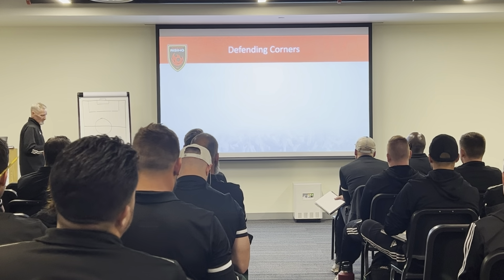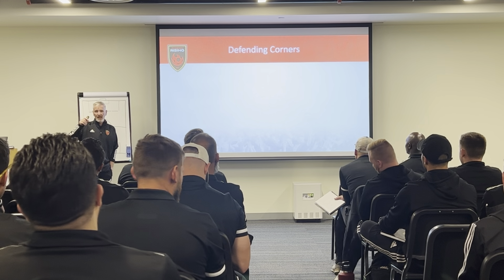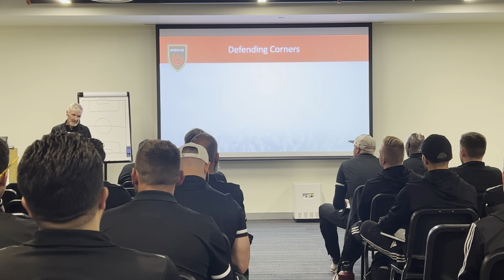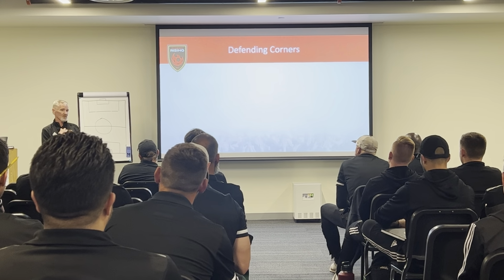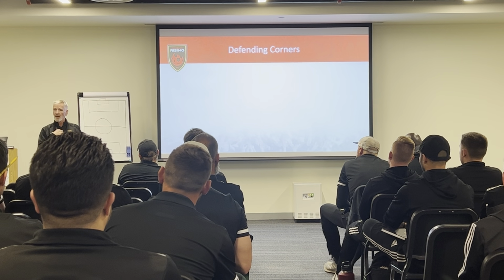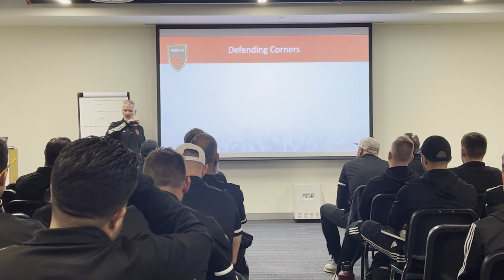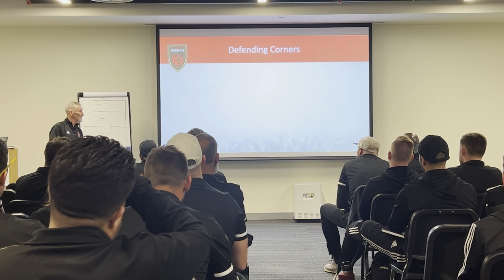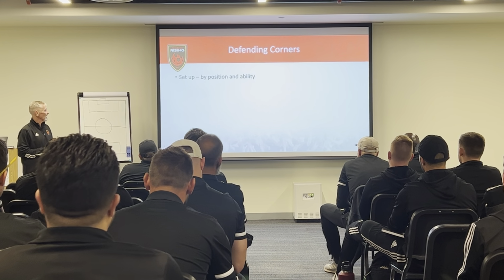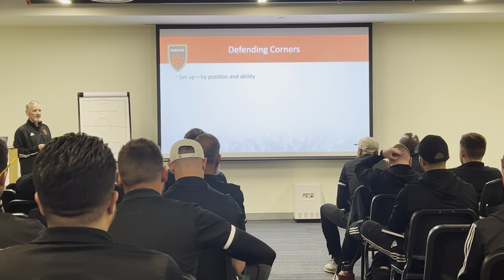Okay, so defending corners. Again, this is just how we do it. In the CCRL, they give the coaches flexibility to do a little bit of their own thing. Again, we don't dictate right now. So set up by position and ability.